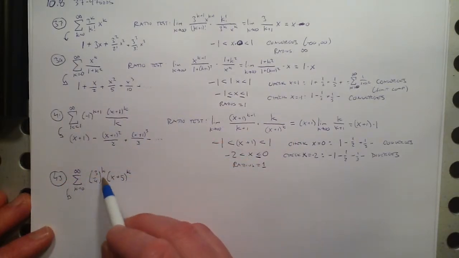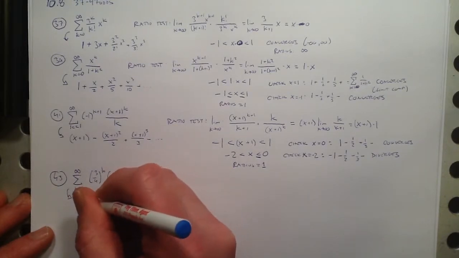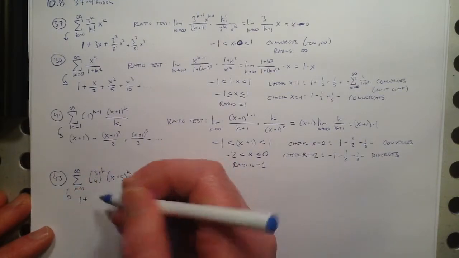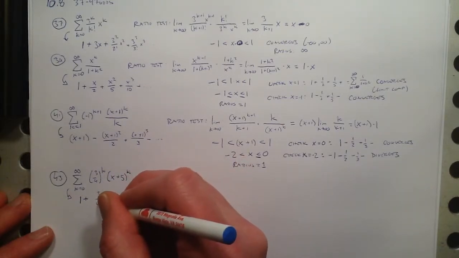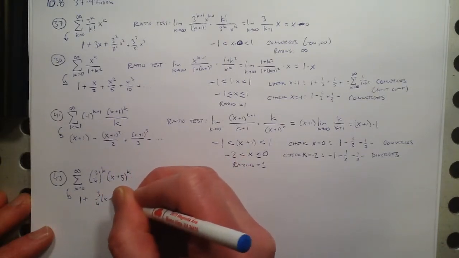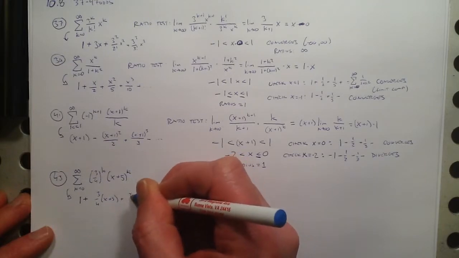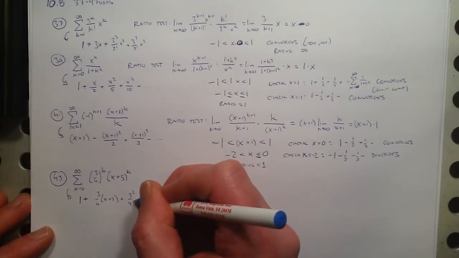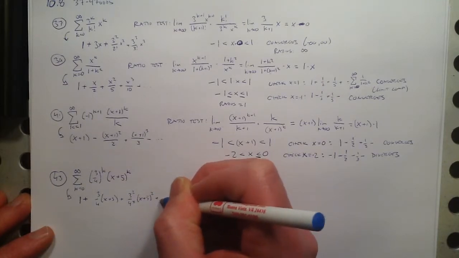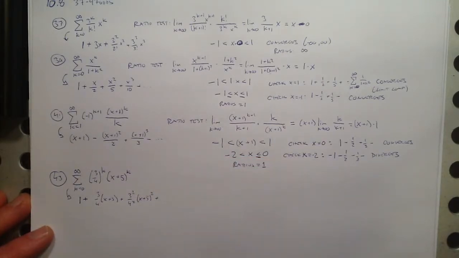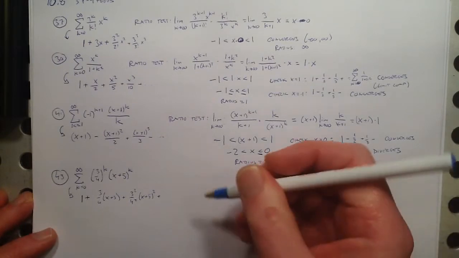When I plug in 0, that's 1 and that's 1. It's not alternating. Then when I plug in 1, I get 3/4 times x plus 5. And then I get 3/4 squared times x plus 5 squared, and so on.